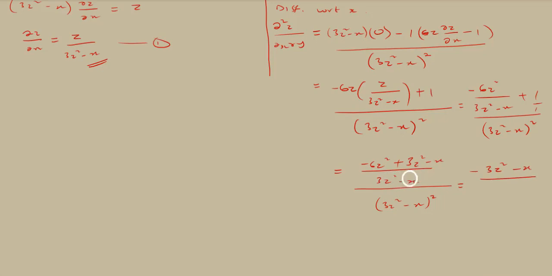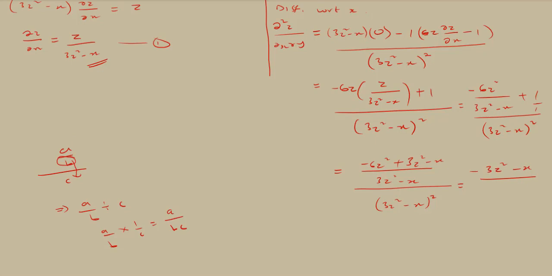Now this 3z squared minus x will also come down by the time you do the simplification. When you have A over B, everything divided by C, at the end of the day it becomes A over B divided by C. By the time the division changes to multiplication, you have A over B times 1 over C. So you eventually have A over BC. The point is that whenever you have something like this, the numerator will come down by simplification to become BC.